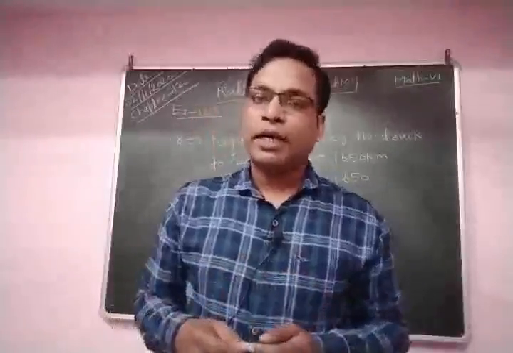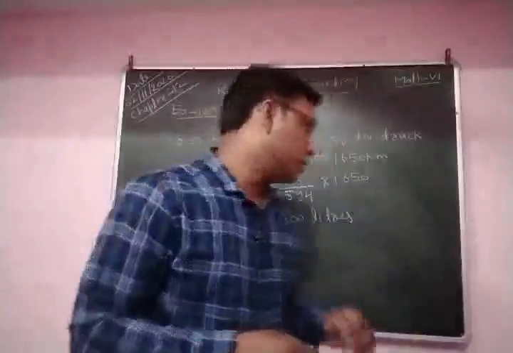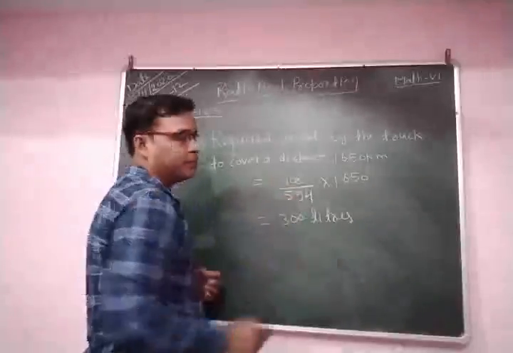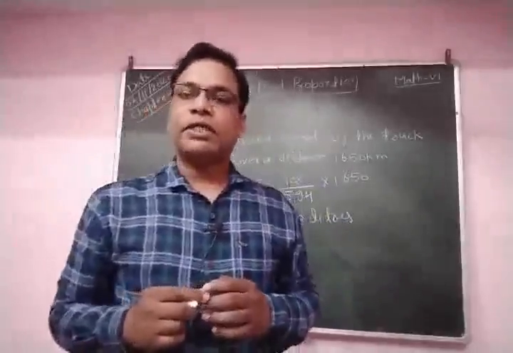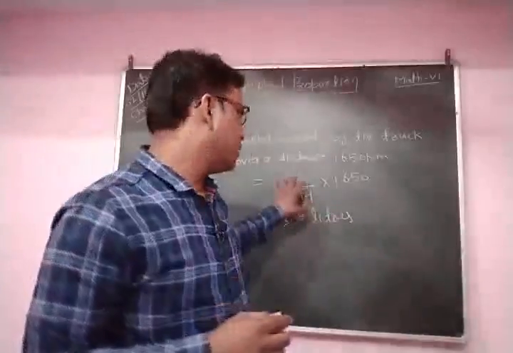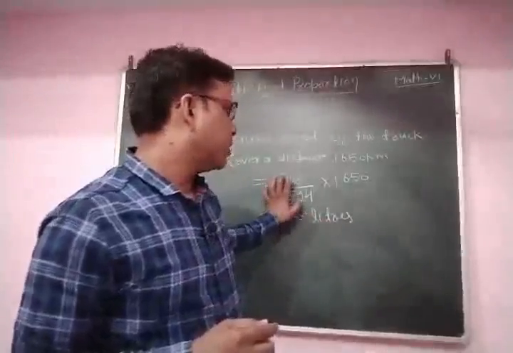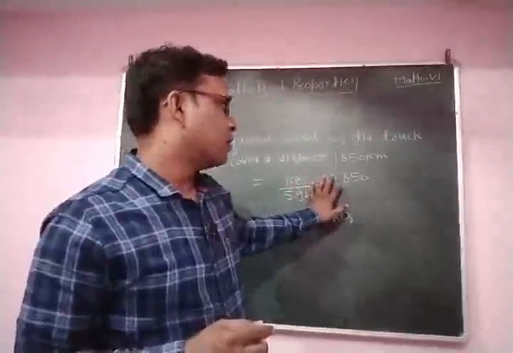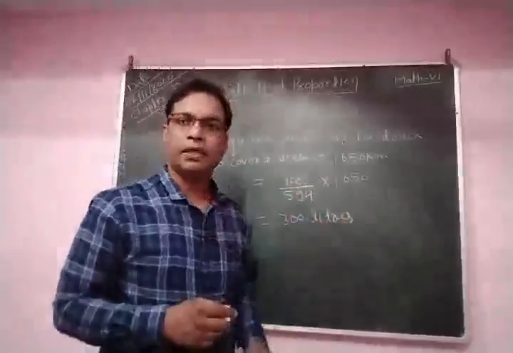Then we also write the diesel required to cover the distance of 1 kilometer, which is equal to 108 by 594. After this we write the diesel required to cover the distance of 1650 kilometers. Then we multiply 108 by 594 into 1650, and you obtain 300 liters.